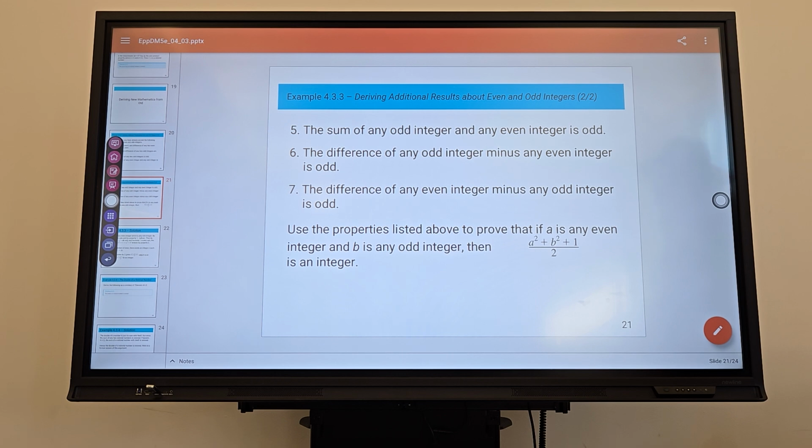Use the properties listed above to prove that if A is any given integer, B is an even integer, and B is any odd integer, then (A squared plus B squared plus 1) over 2 is an integer.